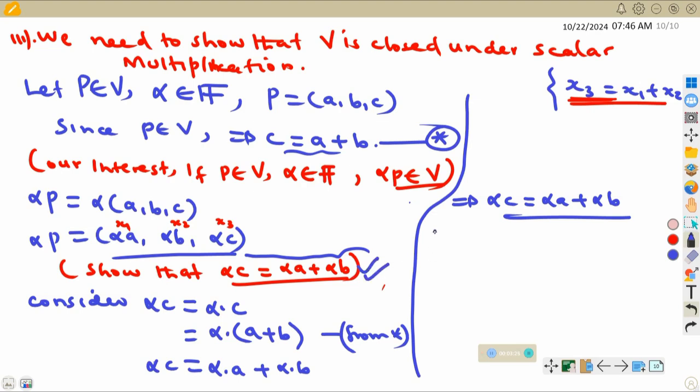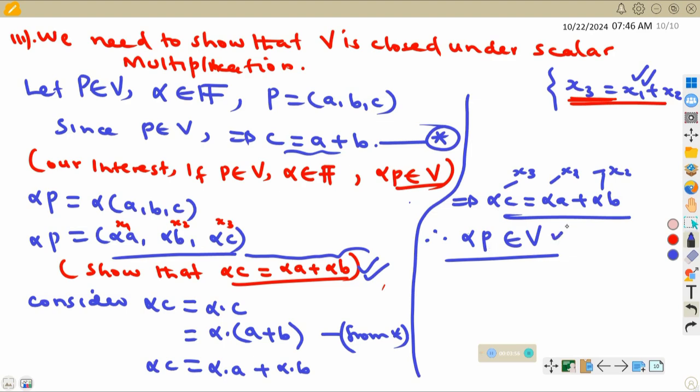So clearly we can now conclude that since this is x3, this is your x1, this is your x2, these are the components of alpha P. These components are satisfying this given condition. Therefore, alpha P is an element of V, because elements in V satisfy this condition, and we have seen that alpha P is satisfying the same condition.